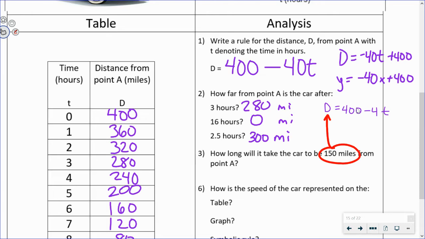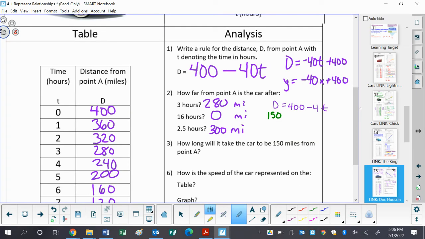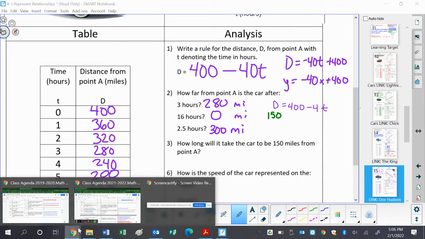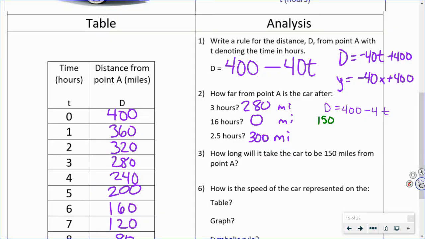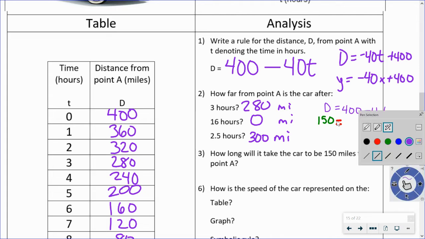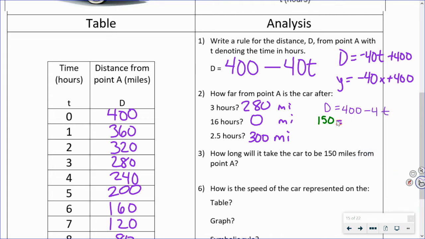So we need to go ahead and write 150 into our equation. Placing 150 into this equation, we need to now go ahead and solve for t. That's what we're looking for. How much time did it take?